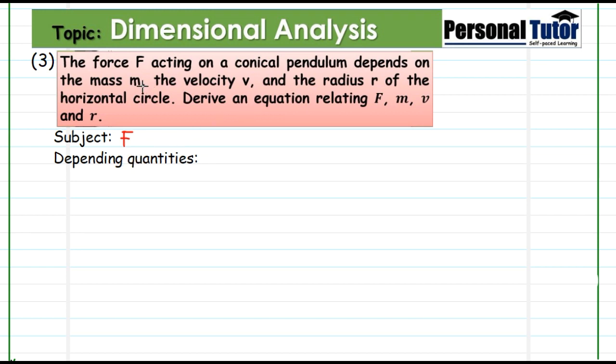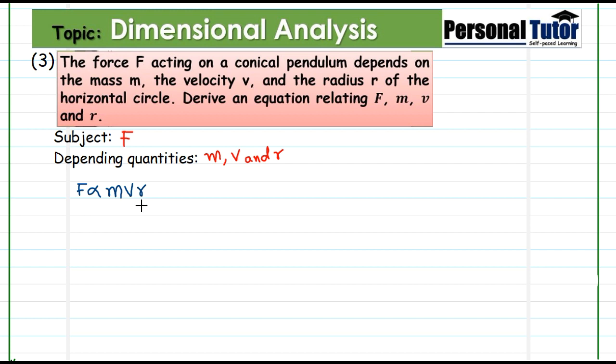The dependent quantities are in this order: m, v, and r. Great. From this, you will have to form a relation between the terms, and that will be F is related to the product of m, v, and r.